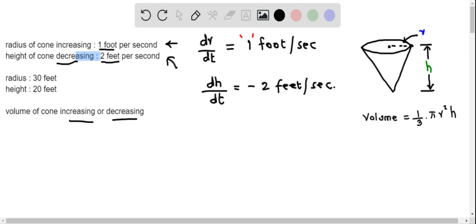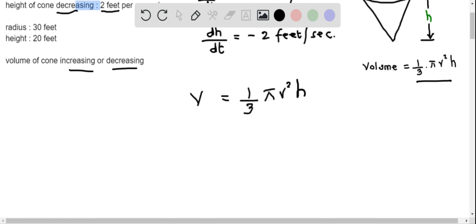Now I'm going to utilize the volume formula because we want to know if the volume is either increasing or decreasing. So considering V as the volume of the cone, the formula is 1/3 pi r squared h. So I'm going to copy that formula. Now we want to find the rate of change of volume, so let me differentiate with respect to time on both sides.